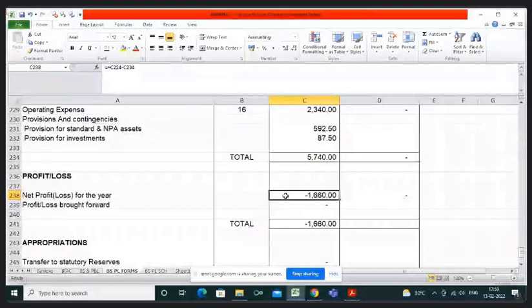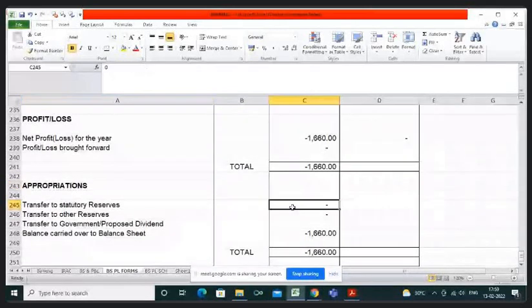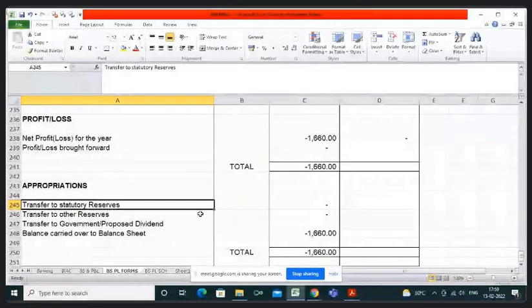Any profit or loss brought forward, no information in the question, so we will leave it blank. Then we will go to the appropriations section. When can we do appropriation? Statutory reserve, it is mandatory that we transfer. Even if the question is silent, we have to transfer 20% to the statutory reserves. But this applies only to the net profit for the year.